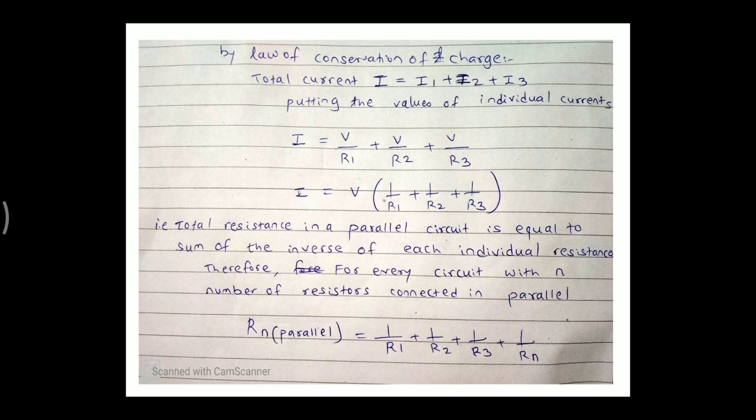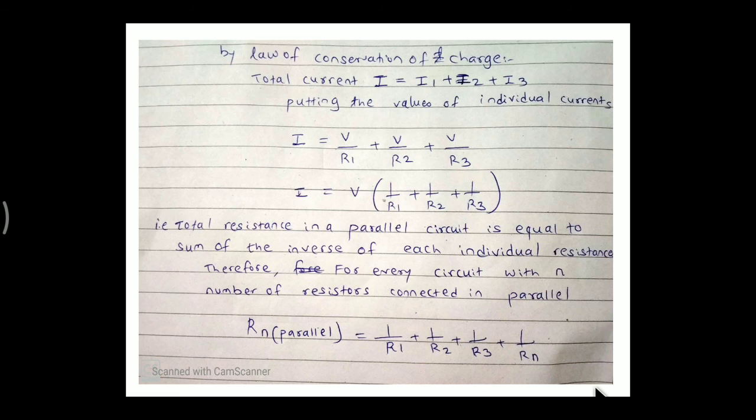That is, the total resistance in a parallel circuit is equal to the sum of the inverse of each individual resistance. Therefore, for a circuit with n resistors connected in parallel, we get the formula: 1 upon R is equal to 1 upon R1 plus 1 upon R2 plus 1 upon R3 plus ... plus 1 upon Rn.